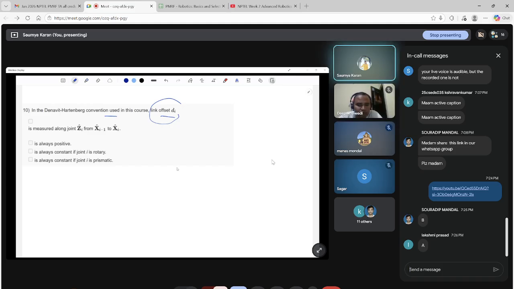Okay, thanks. So in DH convention used in this course, link offset di is measured along joint zi from xi minus 1 to xi, is always positive, is always constant if I is rotary, is always constant if I is prismatic.